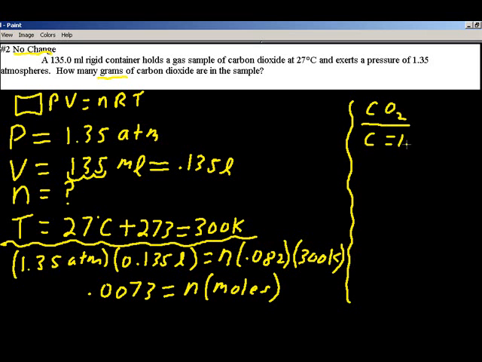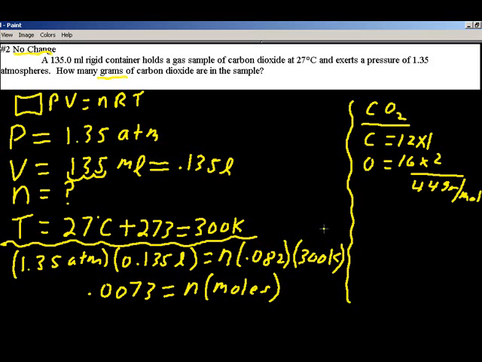Carbon dioxide is 12 AMUs. I have one of them. Oxygen weighs 16. I have two of them. And when I crunch it out, that means I have 44 grams per mole.